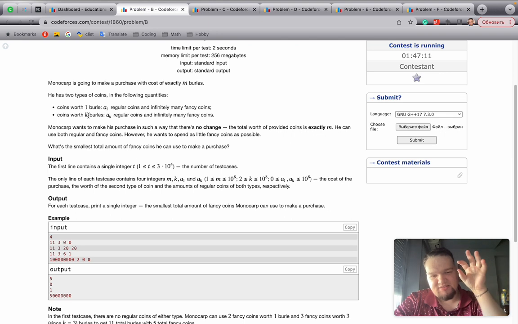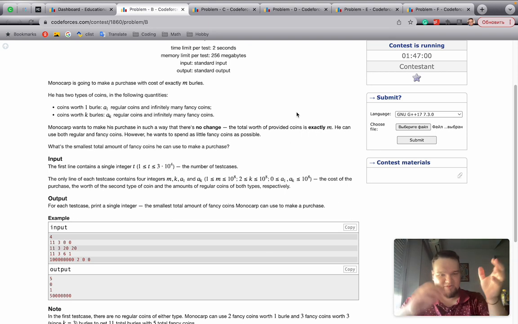If we use at least one coin worth K and we have at least K unspent regular coins worth 1, we could exchange a coin worth K for K non-fancy coins worth 1 that will non-increase the number of fancy coins we use.